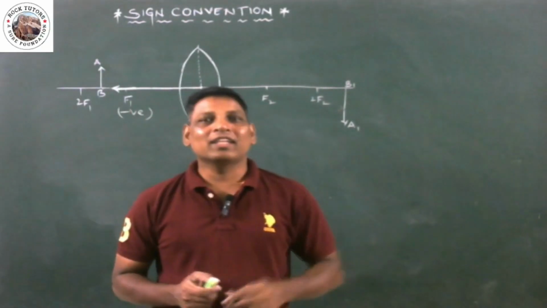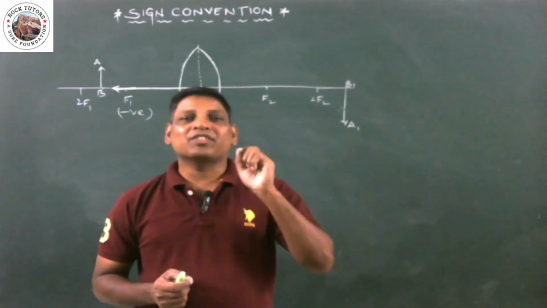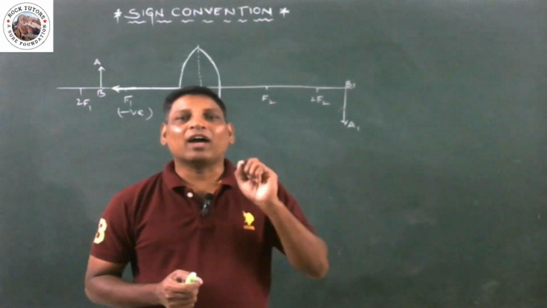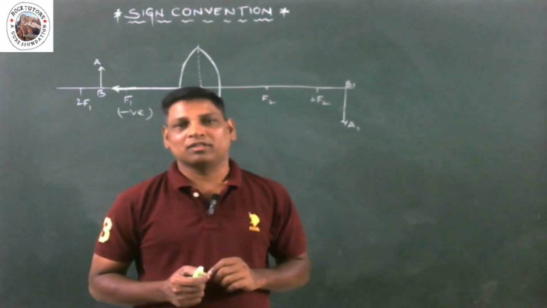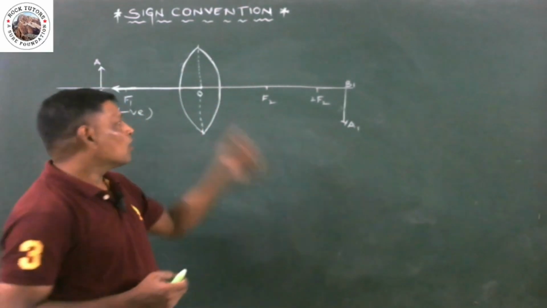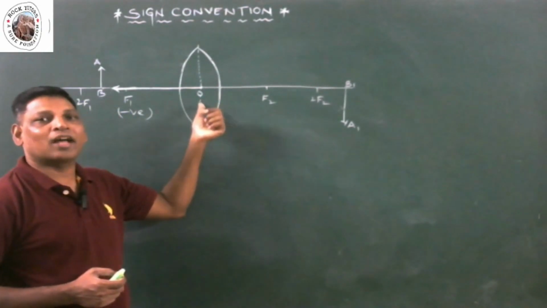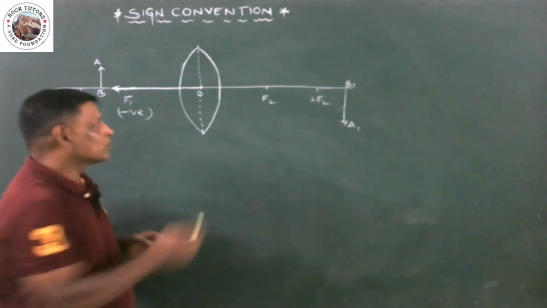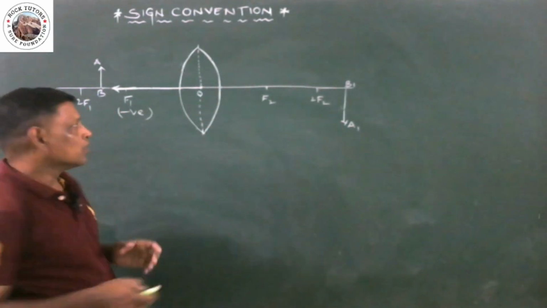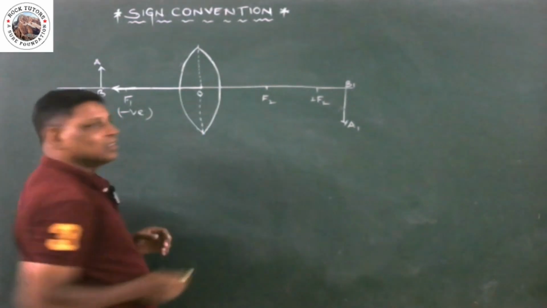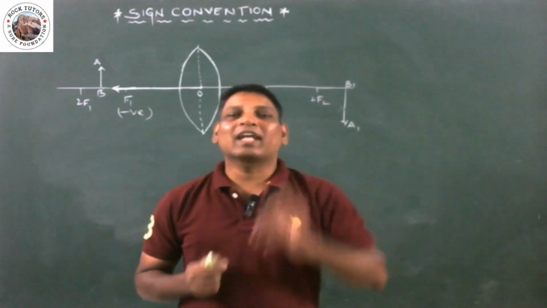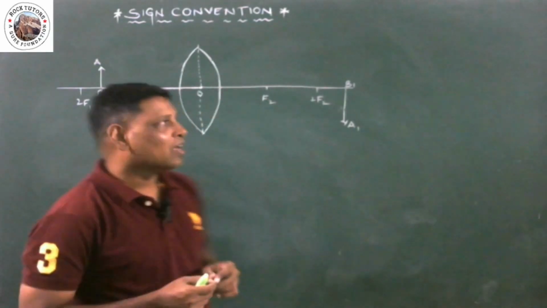The second point is that whenever we are measuring distances, we have to start from the origin. That means we have to measure from the optic center, O. Suppose I want to measure the object distance.